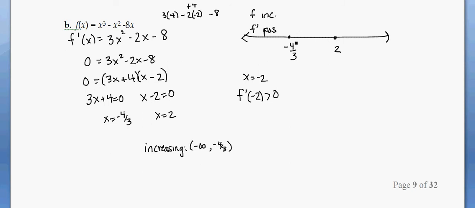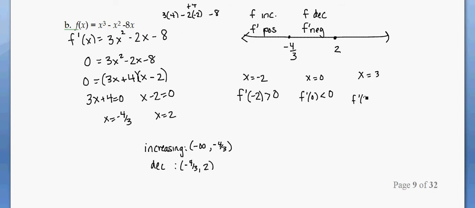Now I choose a value between negative 4/3 and 2. If 0 is in there, I like to pick it. So let's choose 0. F prime of 0 is going to be 0 minus 8. That's easy, so that's negative. Since f prime is negative, f is decreasing on the interval from negative 4/3 to 2. And then finally, we pick something bigger than 2, say 3.